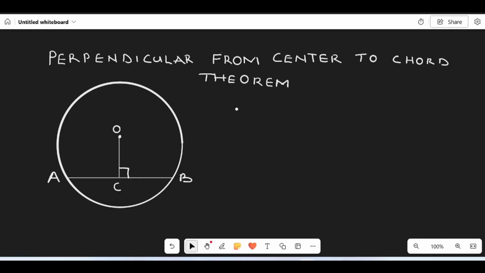If a line from the center bisects a chord, it is perpendicular to it. If OC is perpendicular to AB, it follows that our AC will be equal to CB.